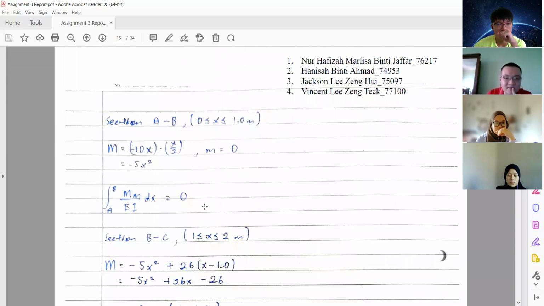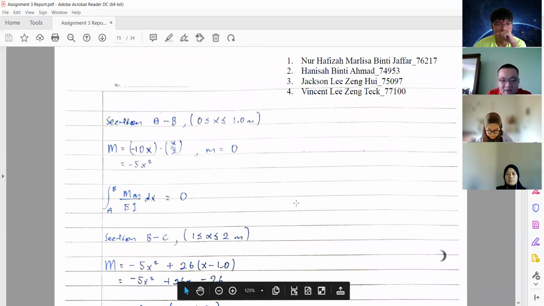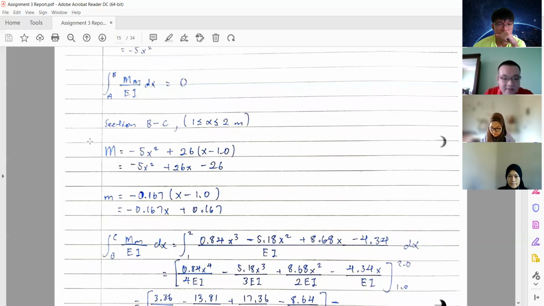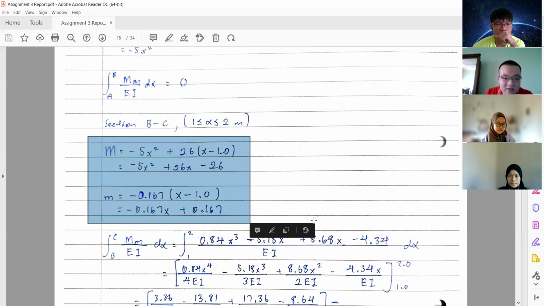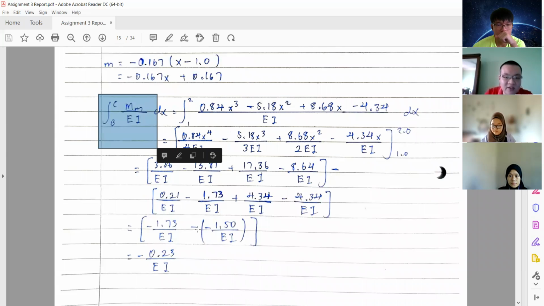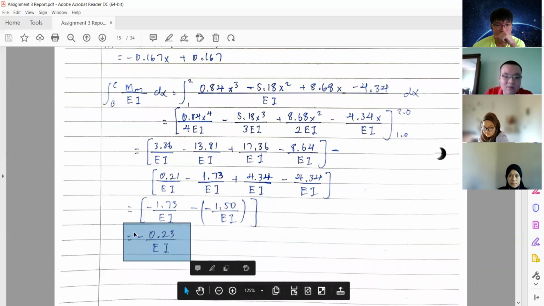First, for section A and B, we find that it is 0 because the virtual moment is 0. Then we proceed to section B and C, calculating the moments of the real and the virtual cases. Then using this equation, we find the integration, and we get the result for that section.